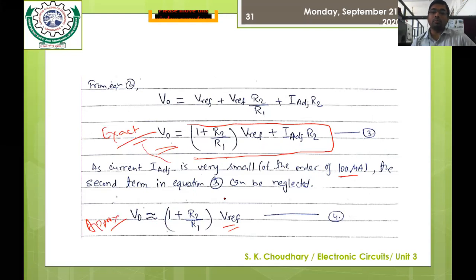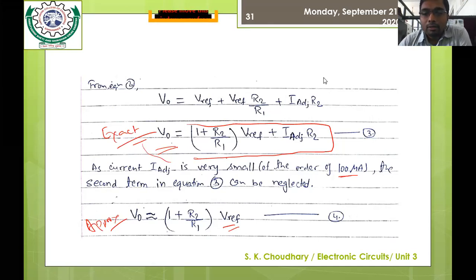Both formulas you have to remember. Actually you have to remember only the exact formula, and from that you can derive the approximate one. If the value of I adjustable is mentioned in the numerical, you have to consider it, whatever small value it may be. If it is not mentioned in the question, you can neglect it and use equation number 4.